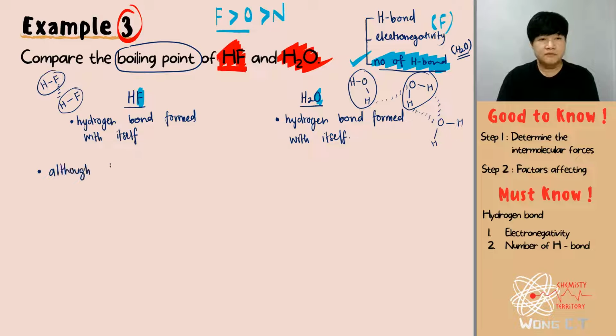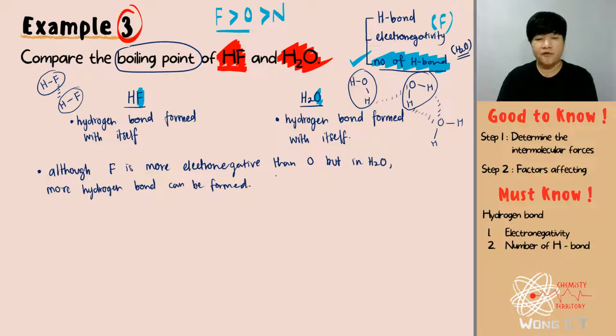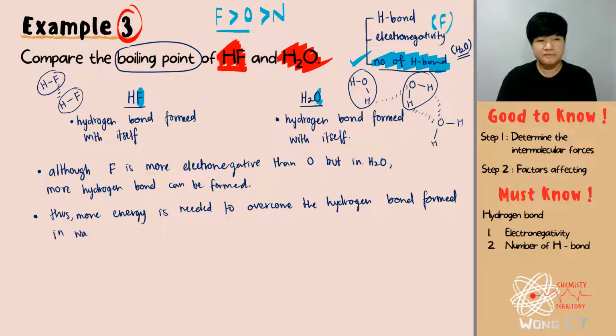Although fluorine is more electronegative than oxygen, in H2O more hydrogen bonds can be formed. Okay? And since more hydrogen bonds can be formed in the water molecule, more energy is needed to overcome the hydrogen bonds formed in water.